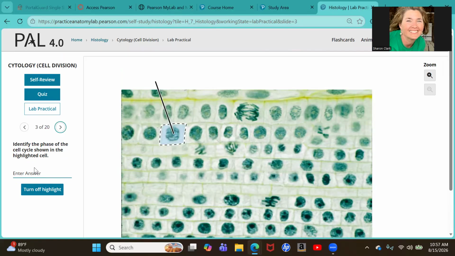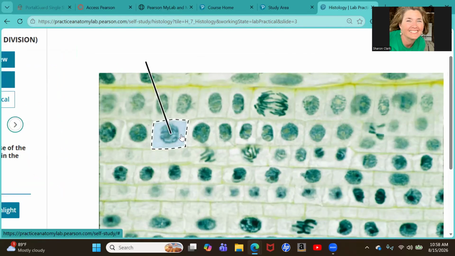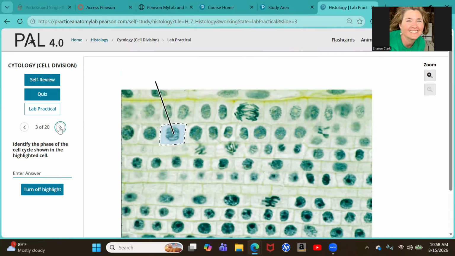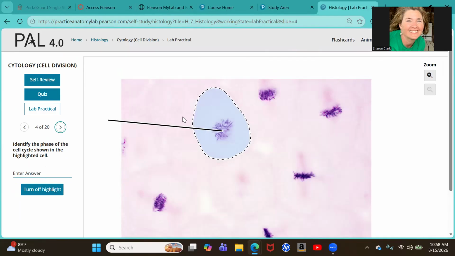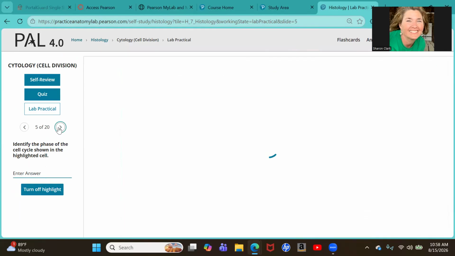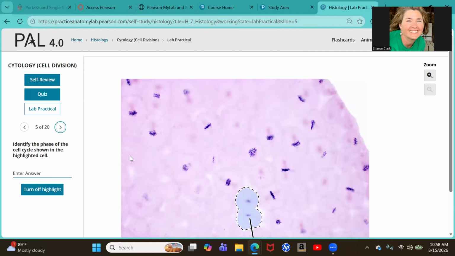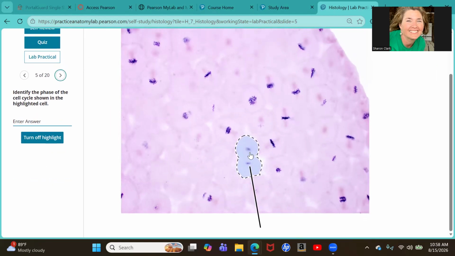Number 3, identify the phase of the cell cycle shown here highlighted. Take some time. Identify the phase of the cell cycle shown here.